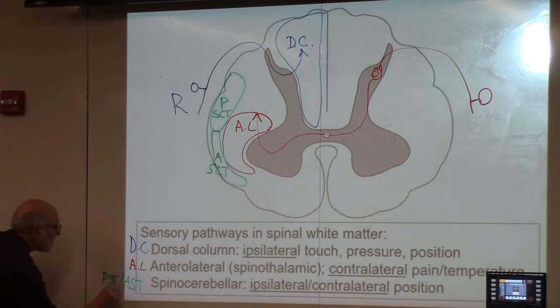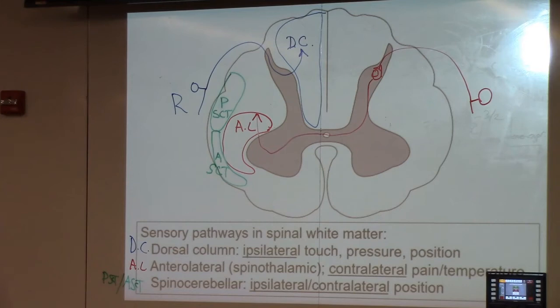They carry ipsilateral and contralateral position information to the ipsilateral cerebellum.